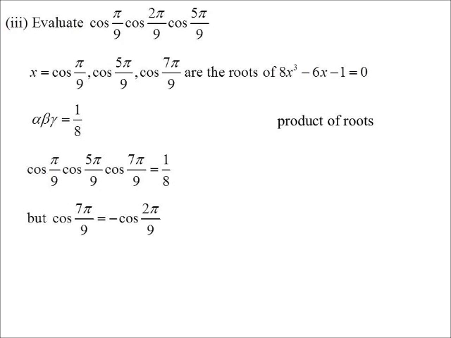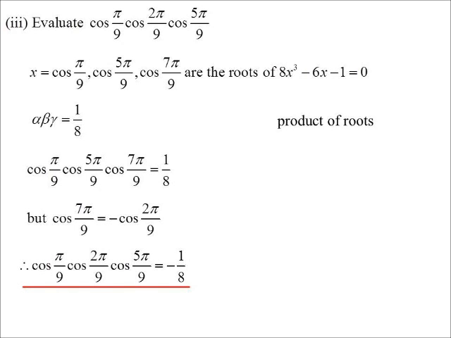But remember, cos 7 pi on 9 is the same as minus cos 2 pi on 9. 7 pi on 9 is in the second quadrant, where cos is negative, and the acute angle would be 2 pi on 9. So I can replace the cos 7 pi on 9 with minus cos 2 pi on 9, and I get our answer of negative 1/8 for those three multiplied together.